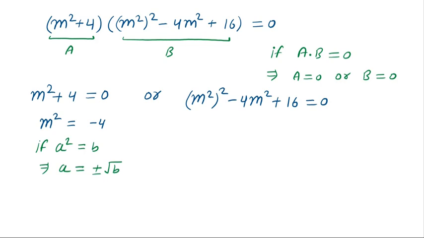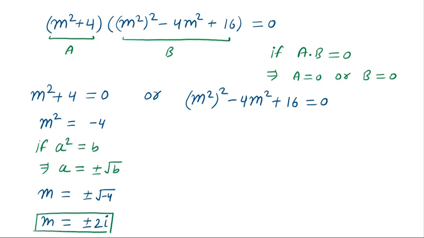According to this rule, we can write here m is equal to plus minus square root of minus 4. Then m is equal to plus minus square root of minus 4, which is 2 times iota. We have the value of m is equal to plus minus 2 times iota.